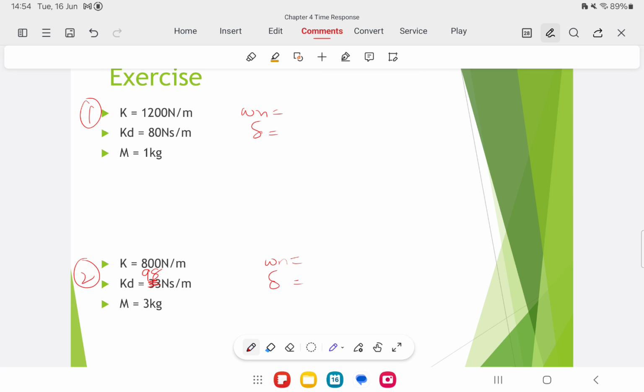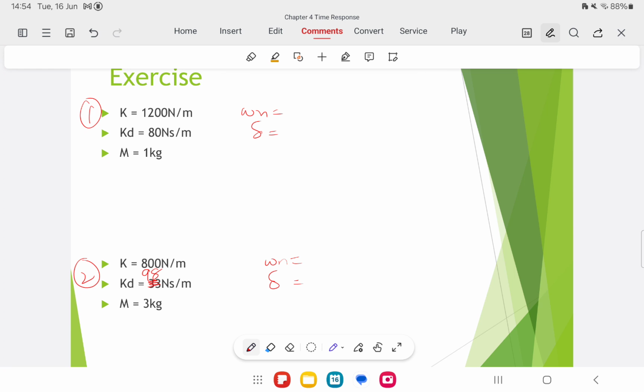Okay, dapat tak? Yang the first one, omega n berapa? 2K omega n. Satu saya kata, the formula kita tak akan bagi.